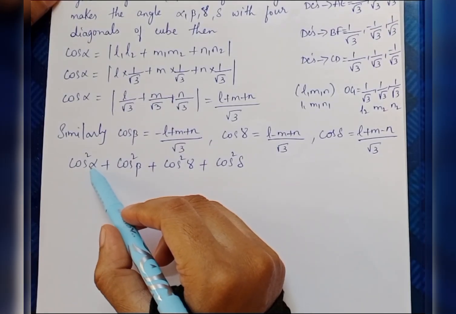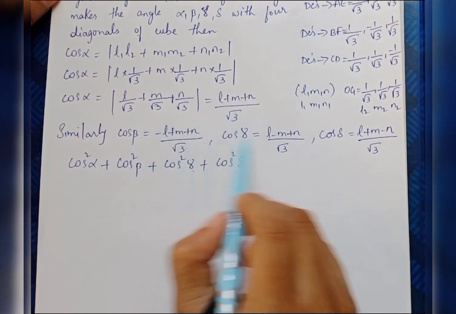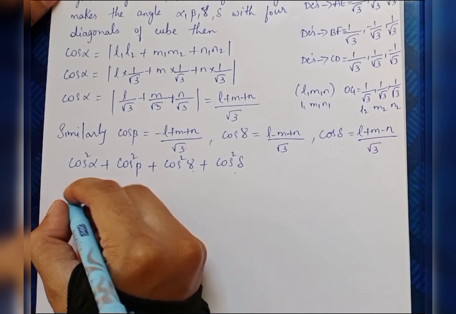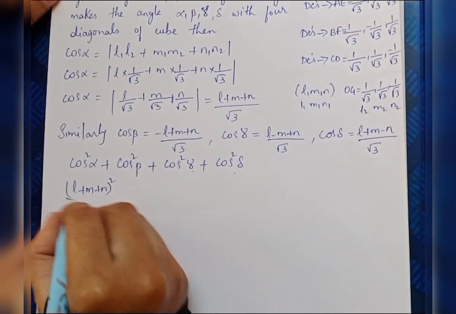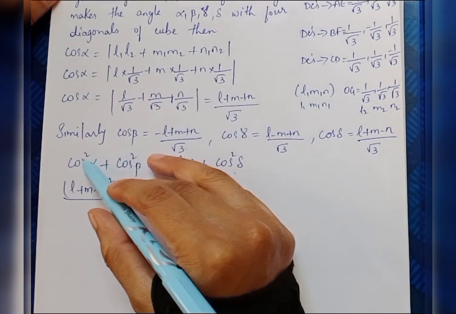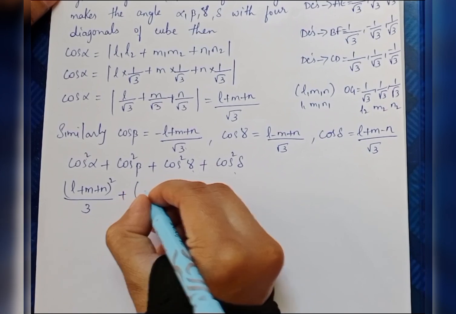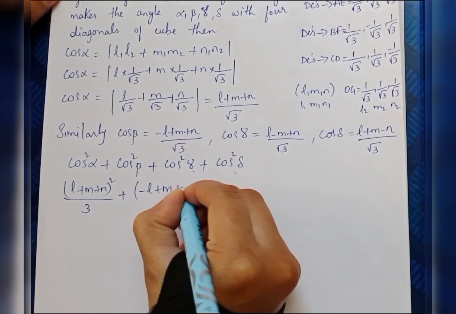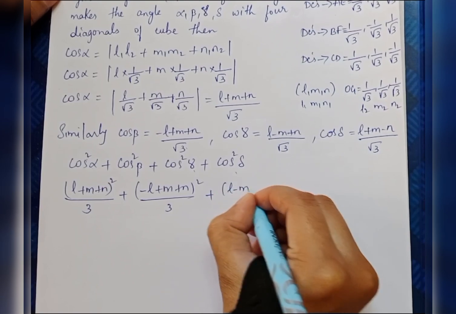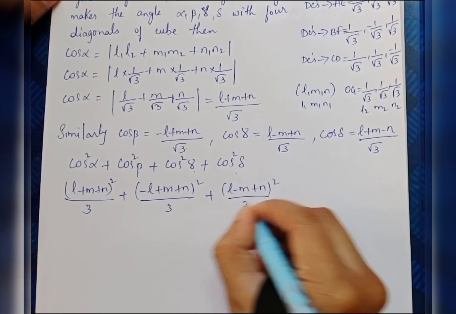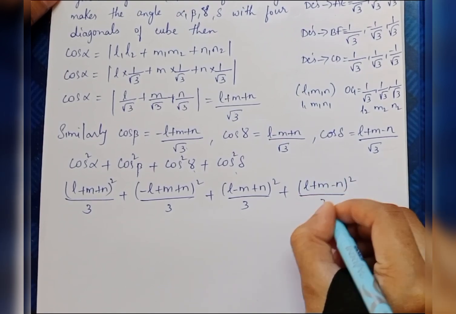Substituting the values of cos alpha, cos beta, cos gamma and cos delta from above in this equation, we'll get (l plus m plus n) whole square by 3, since for √3 the square and root get cancelled, plus (minus l plus m plus n) whole square by 3 plus (l minus m plus n) whole square by 3 plus (l plus m minus n) whole square by 3.